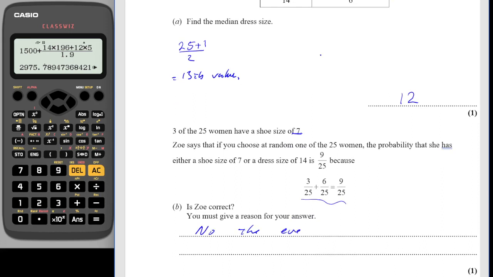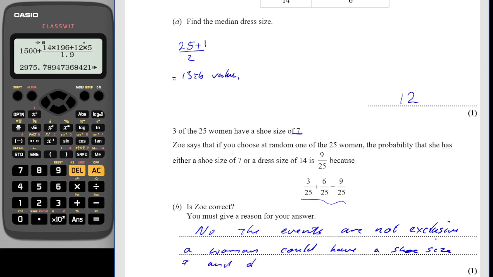the events are not exclusive. A woman could have a shoe size 7 and dress size 14.